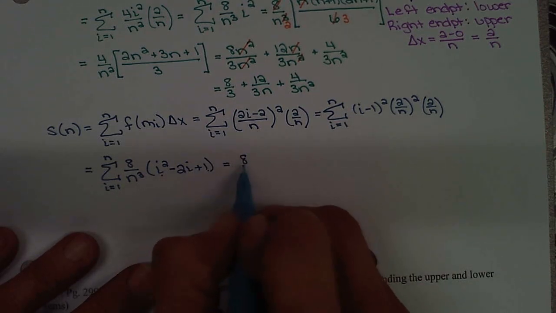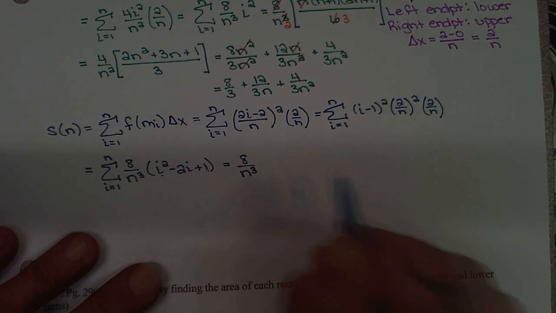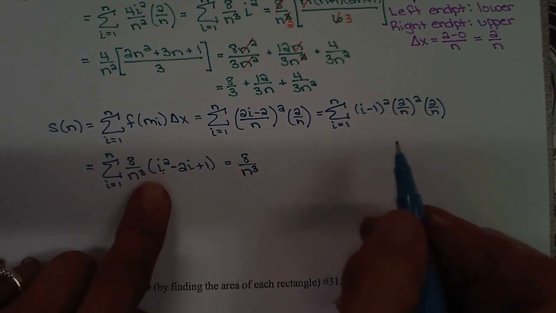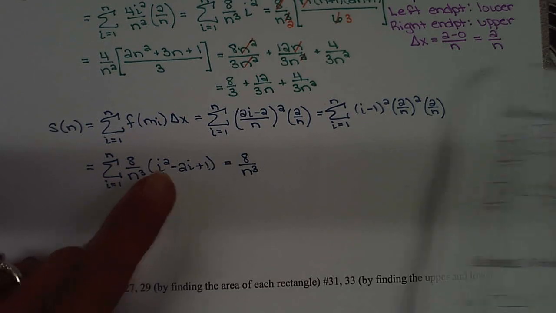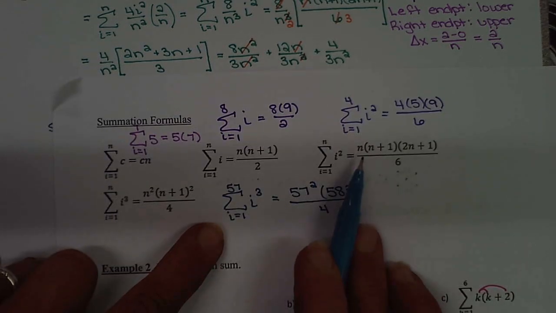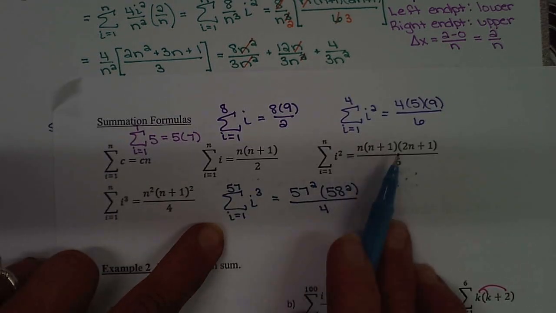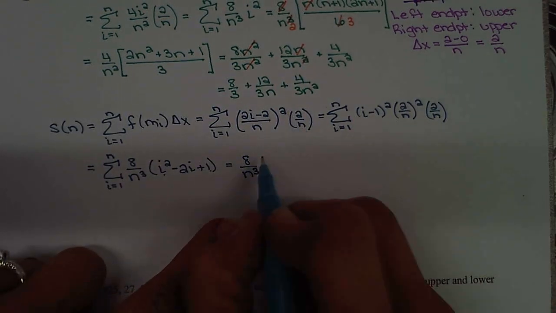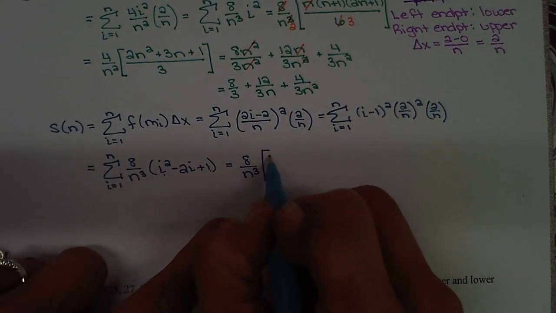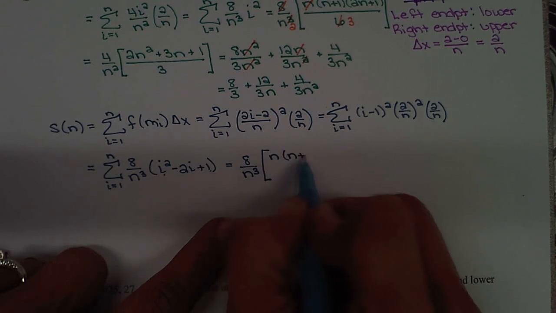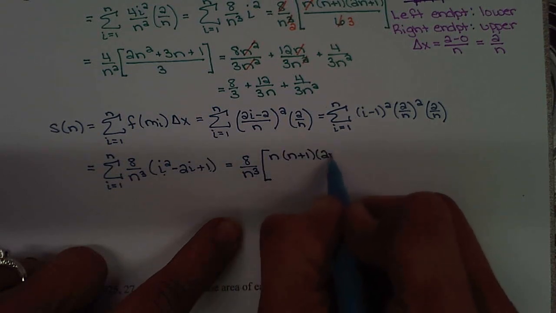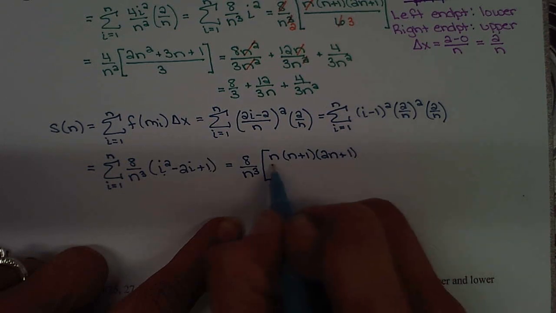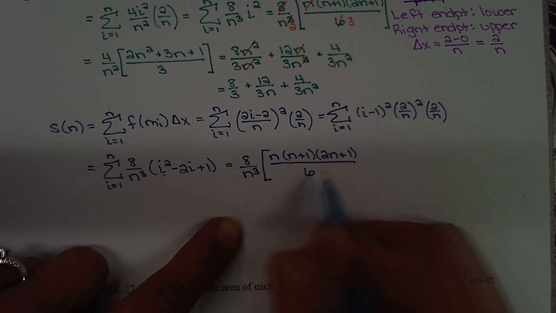So my 8 over n cubed came out. Here my I squared, just a reminder, I squared is n times n plus 1 times 2n plus 1 all over 6. So n times n plus 1 times 2n plus 1 all over 6.